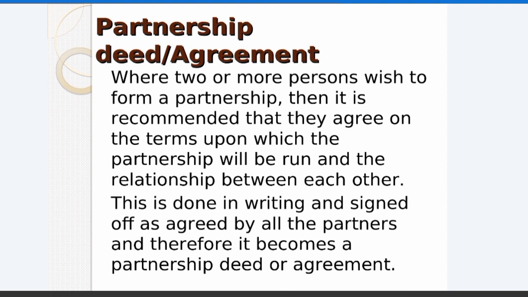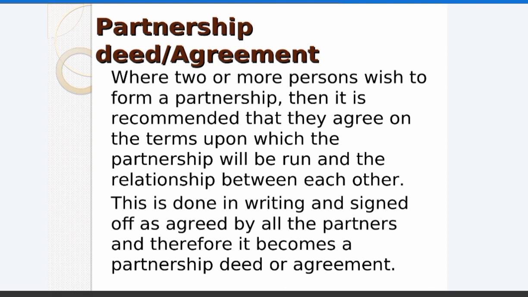And in the agreement they will be stating the various terms and conditions of running the business of partnership. So we are saying then that where 2 or more persons wish to form a partnership, it is recommended that they agree on the terms upon which the partnership will be run and the relationship between each partner.